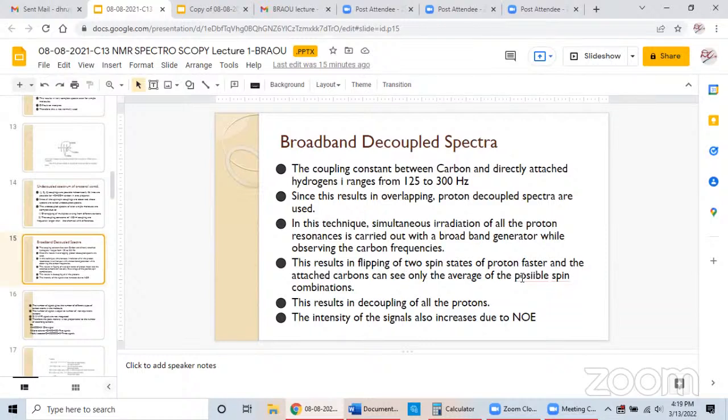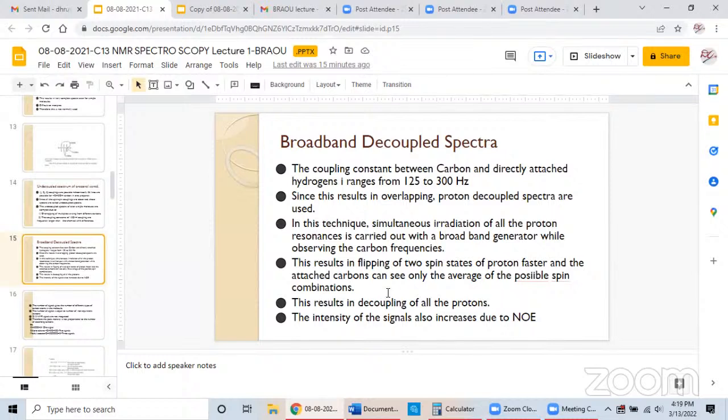But here, what is happening? Since there is faster flipping of the spin states of the proton, carbon will be able to see only the average spin orientation of the protons. That is why carbon is observed as just a singlet. This results in decoupling of all the protons, and because of the NOE, the nuclear Overhauser effect, the signal intensity also increases.